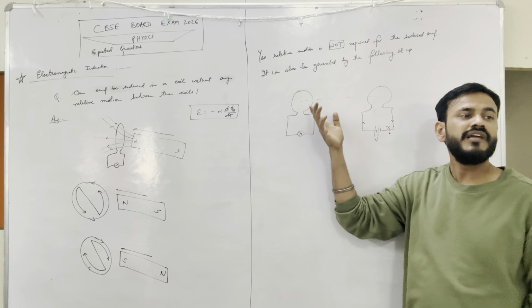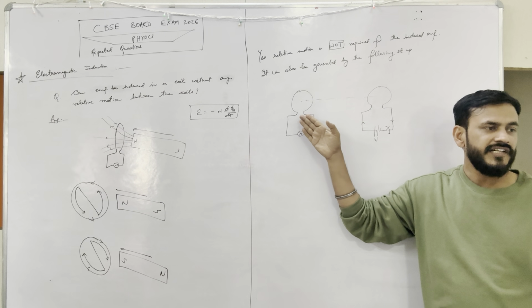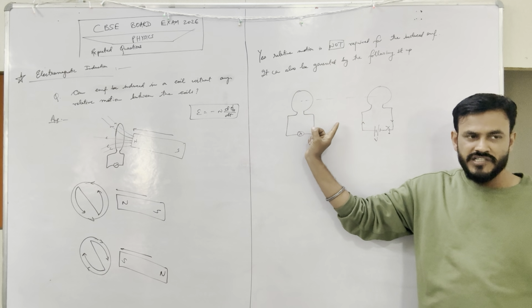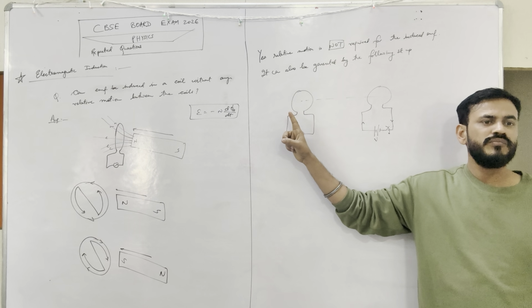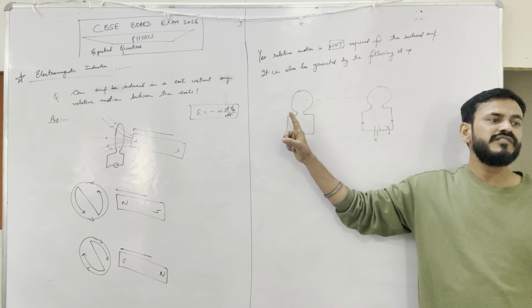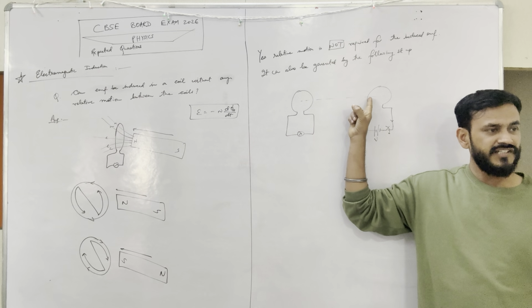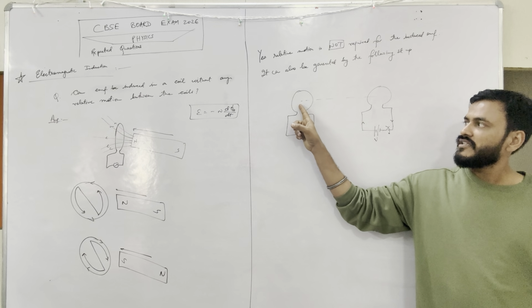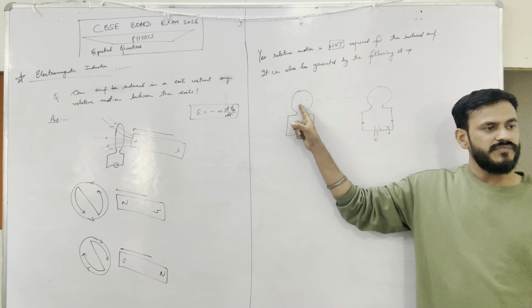So there will not be any induced EMF in the coil. So when you turn the switch on, there will be deflection, and then quickly the induced current becomes 0.